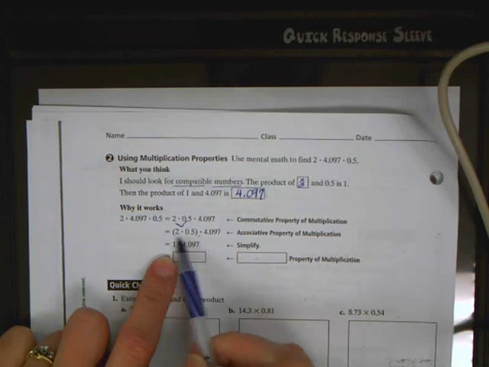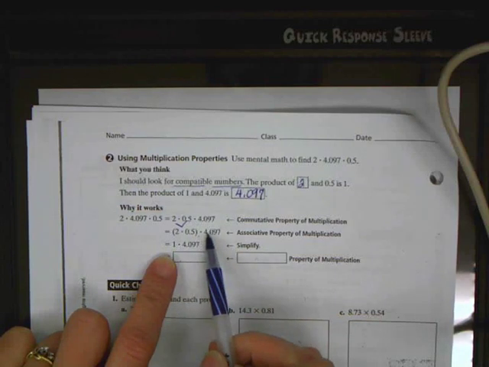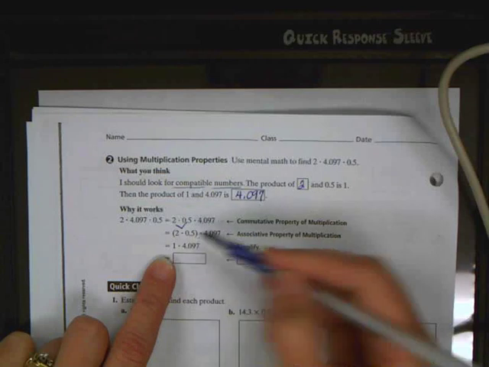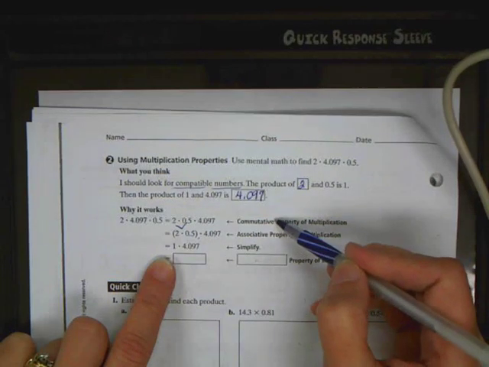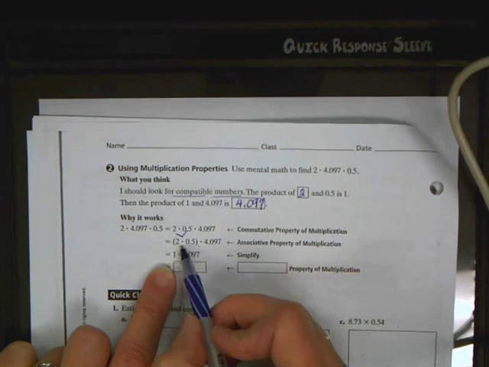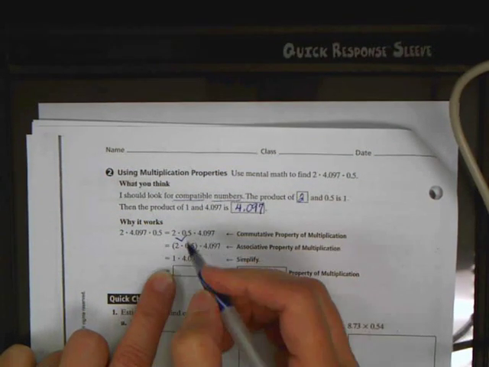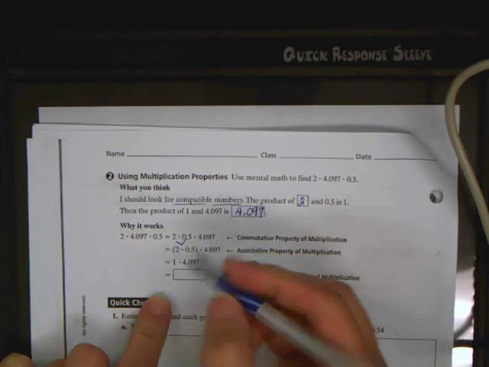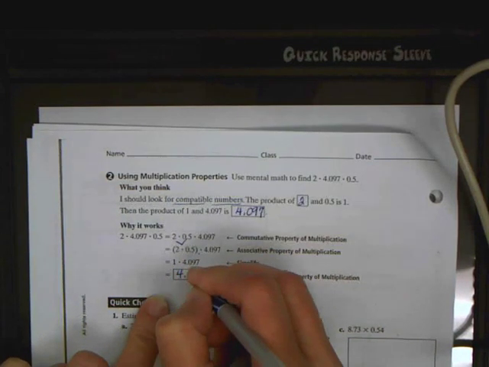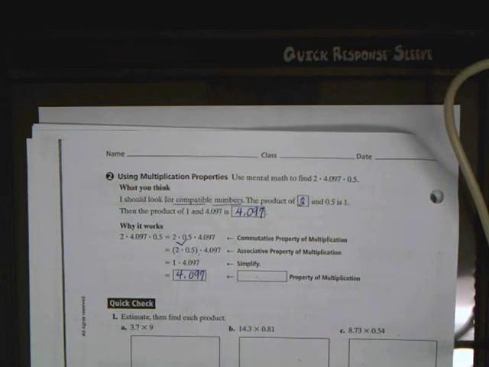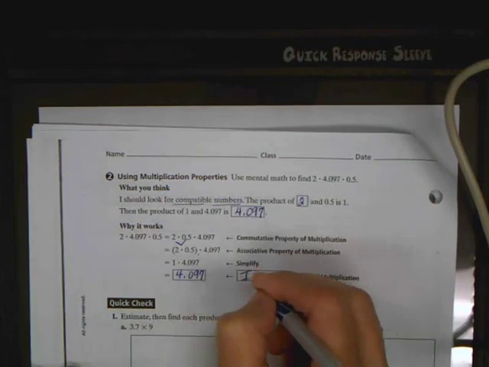I can insert those parentheses and then times 4.097. So really what a lot of people do in their head is an application of the associative and then commutative properties of multiplication. 2 times 1/2 is 1 whole, because two halves make a whole, and 1 times any number is that number, which in fact is the identity property of multiplication.